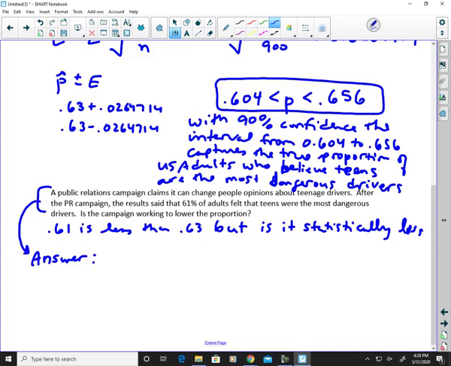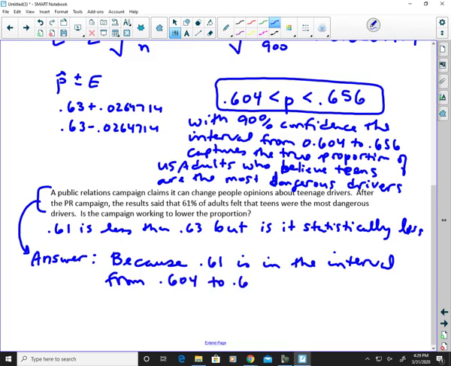My answer is, and I'm going to start with the numbers so that you know why I'm going to say what I'm going to say: because 0.61 is in the interval from 0.604 to 0.656, I don't believe the PR company is lowering the proportion of people who think teens are the most dangerous drivers.